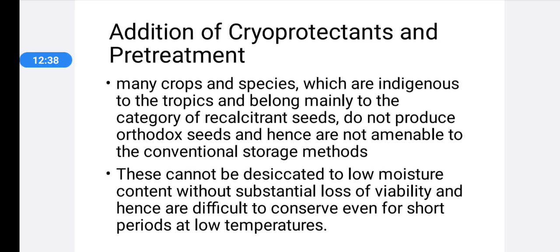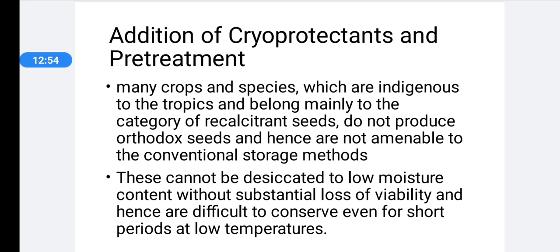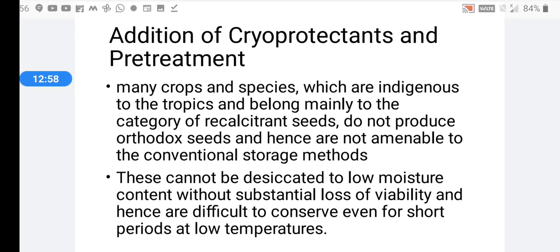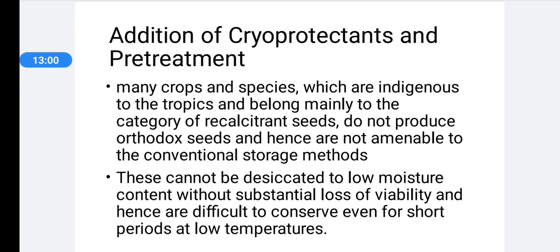In these cases, they cannot be desiccated to low moisture content without substantial loss of viability. So it is very difficult to conserve them even for short periods at low temperatures. So for preventing that, we have to do some pre-treatment and we have to add some cryoprotectants.